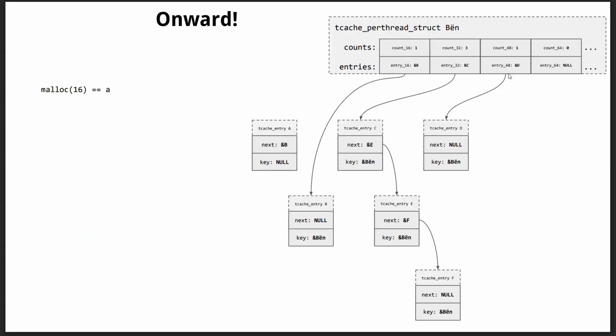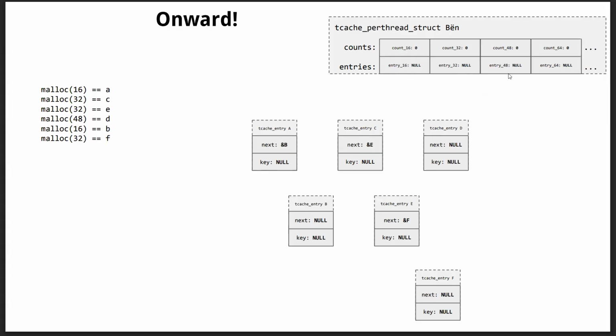If we malloc 16 bytes for this implementation, we are guaranteed to get the malloc chunk A, because it is the very first for size of 16. When we do a malloc 32 twice, we are guaranteed to get C first, then E second. If we do 8, then we'll get D. We do 16 again, we will get B, and 32 again, we get F. So that's the current implementation.